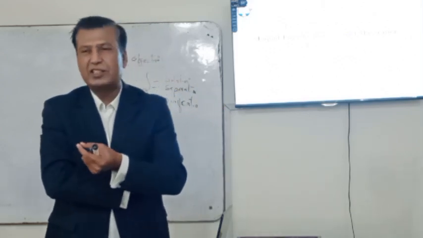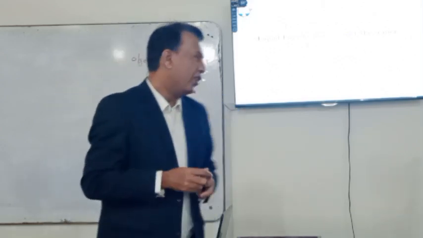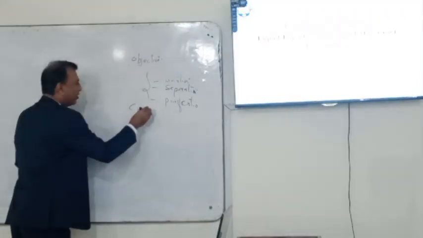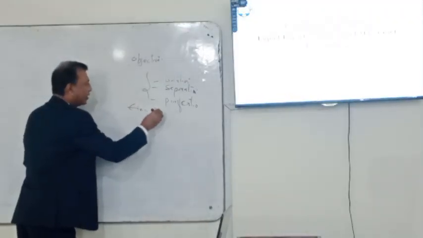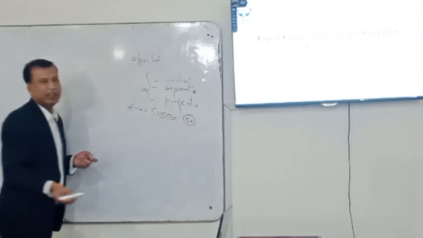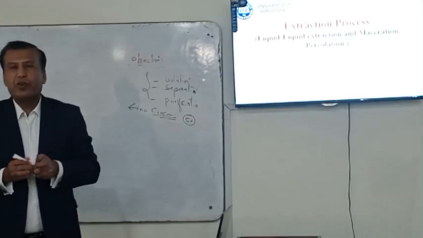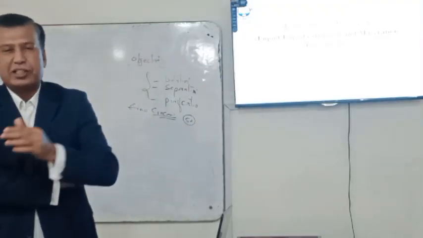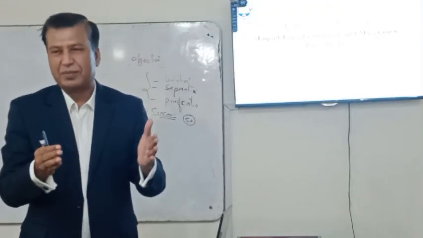So extraction is a separation technique. Say this was a cinchona plant with, for example, 50 chemicals in it, and we want to separate one chemical out of those 50. This is known as a separation process.